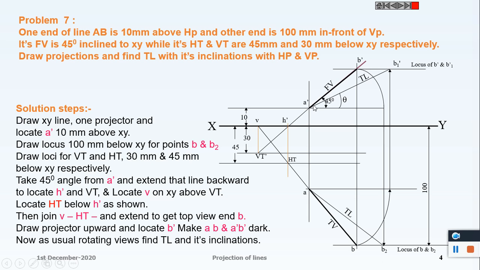Otherwise, we can take this measurement on a compass and find this point B2, and this angle is phi, which is the angle of inclination of the line with the vertical plane, VP. This is the method of finding the projections from the traces.